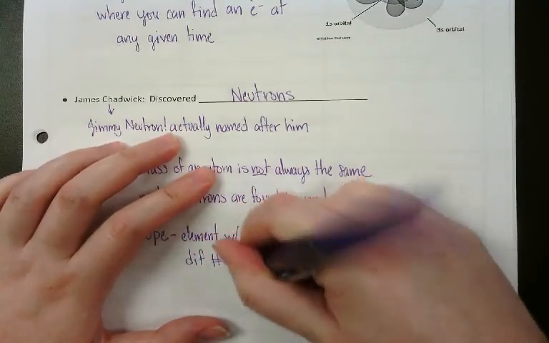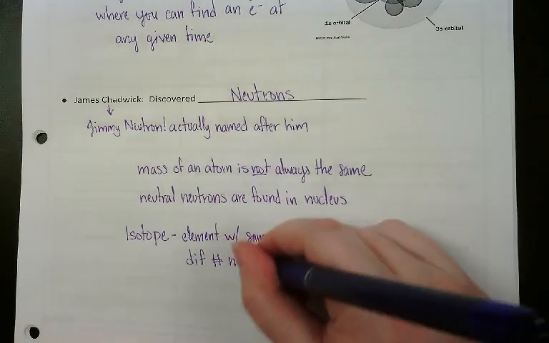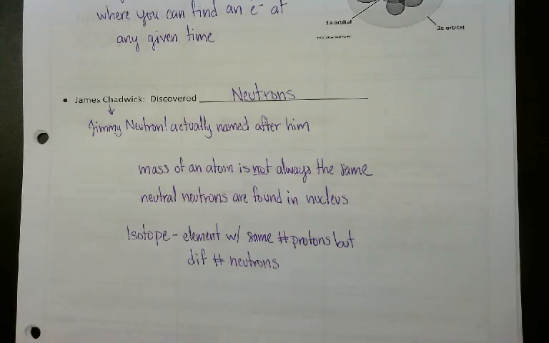Sorry about that, I wrote electrons by mistake. So an isotope has the same number of protons, but a different number of neutrons.